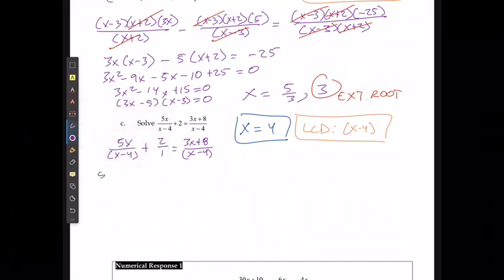So if I have x minus 4 times 5x over x minus 4 plus x minus 4 times 2 is going to equal x minus 4 times 3x plus 8 over x minus 4.